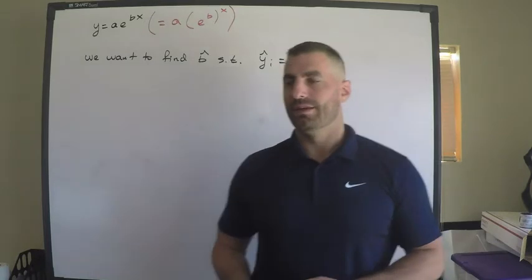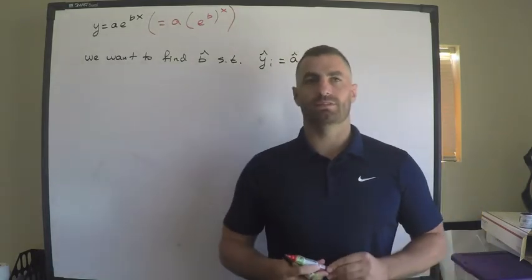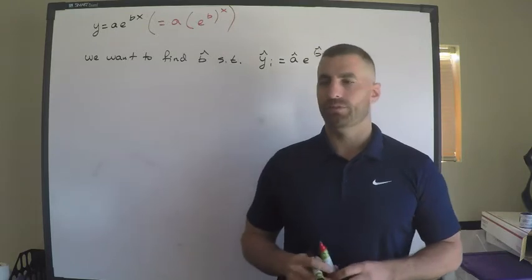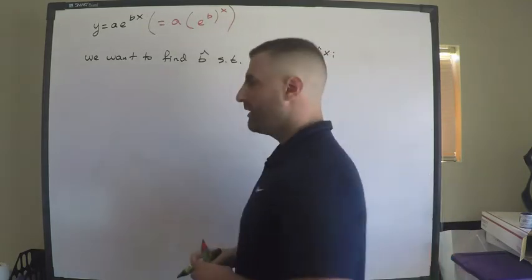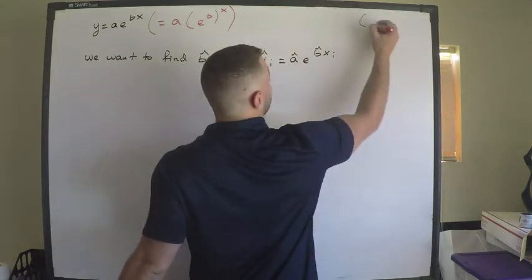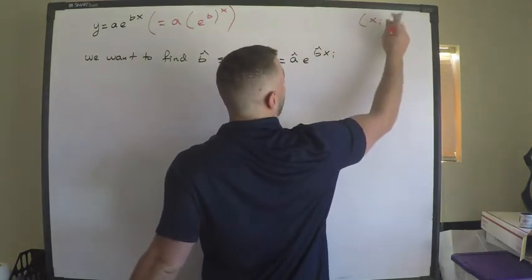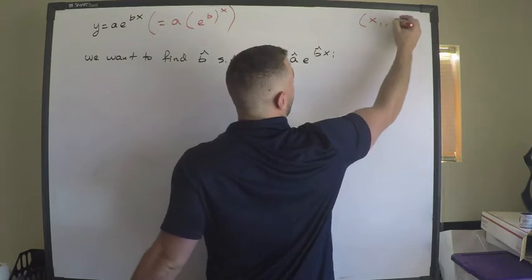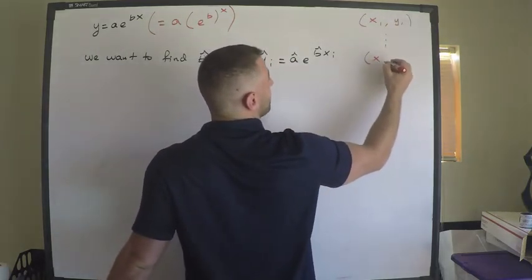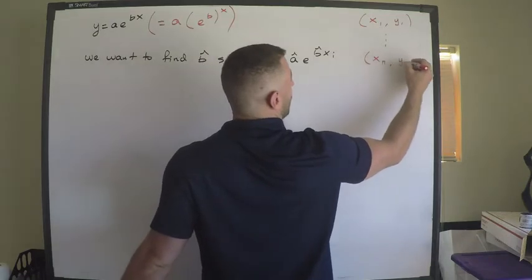Now, why did I put these i's as subscripts? The reason is when you're actually doing this, you are fitting a curve to some data. You're given a bunch of ordered pairs, x1, y1, dot dot dot, all the way down to xn, yn.